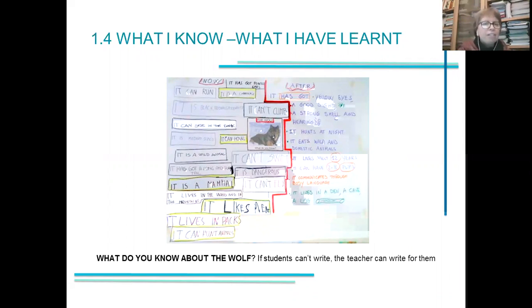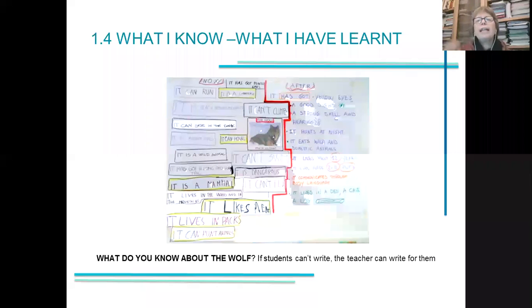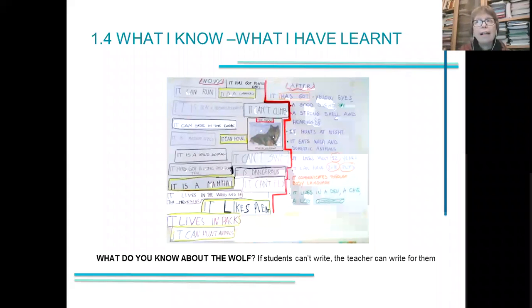And I delivered some materials, fact files and games to discover more information about the wolf. And at the end of the project, on the right side of the poster, we wrote down all the new information they had learned. So they realized what they had learned.